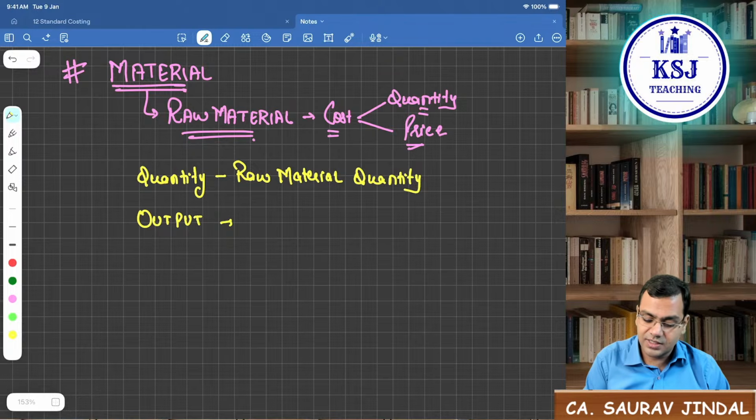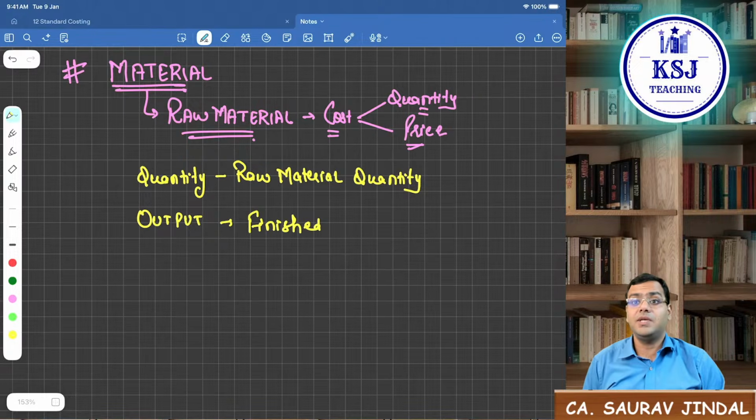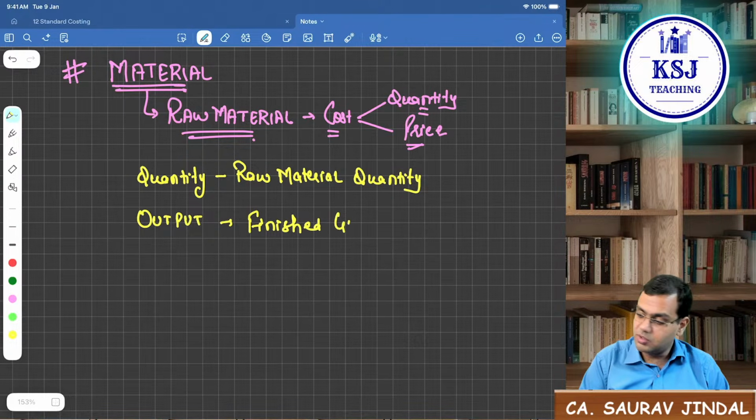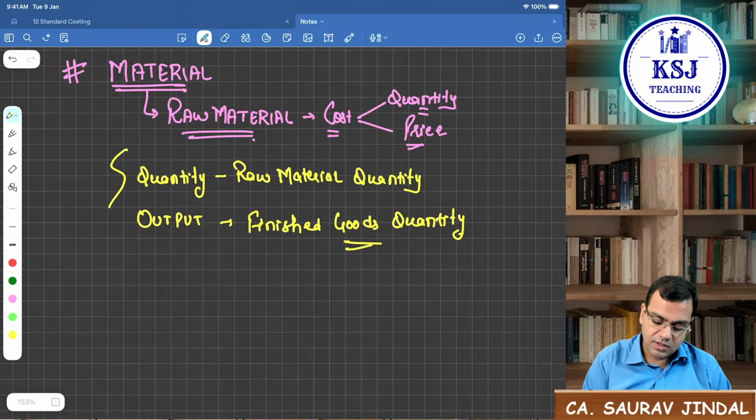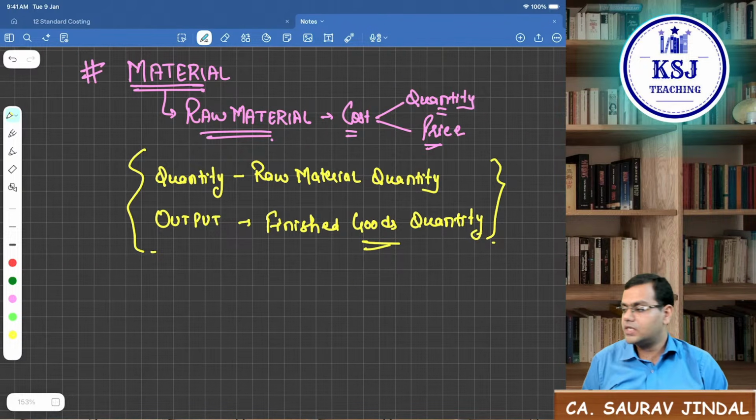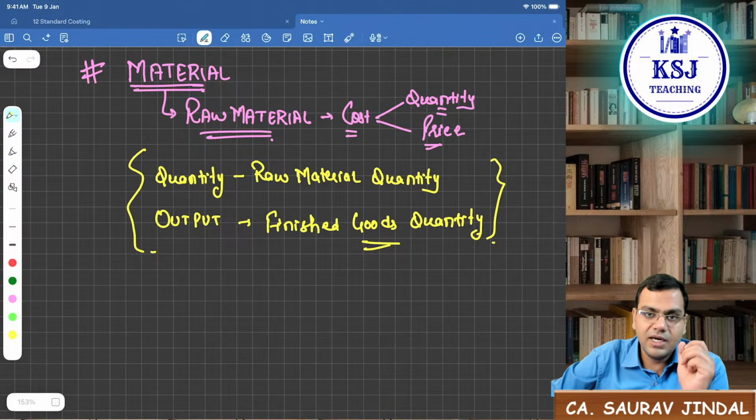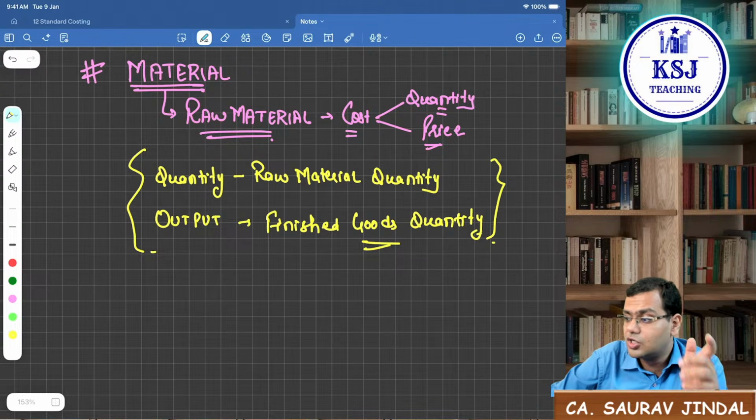Output is your finished goods quantity. Whenever we use the word output, we are talking about finished goods. So be careful with these two words. Do not get confused: if it is quantity, it is raw material quantity, and if it is output, then it is your finished goods output.